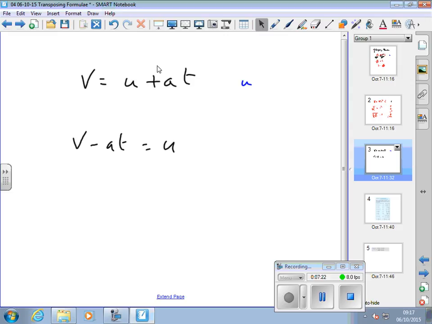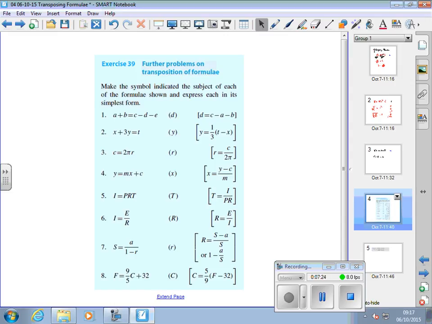There is again a whole chapter on transposing formulae, and they start off with fairly straightforward formulae and build. If you're feeling confident about transposing formulae, go to some of the more complicated ones that are in the further exercises in the text. So just make a note, and again during the tutorial session you can have a go at a few.